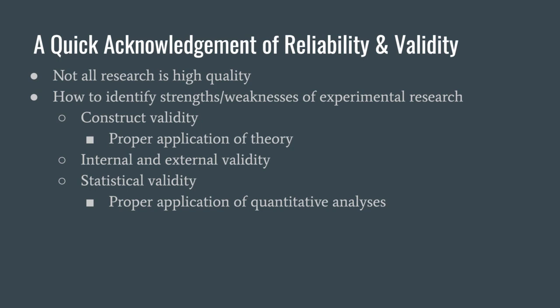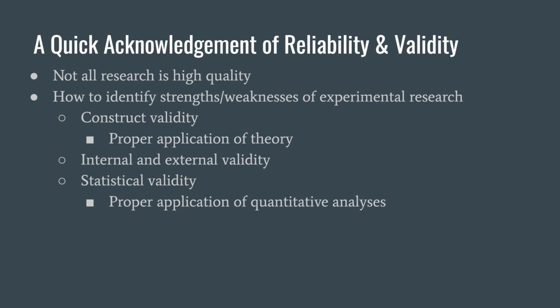External validity basically has to do with generalizability. So if you want to talk about the study as though it's generalizable outside of that particular context, then you need to make sure that it was designed with a representative sample and that it's generalizable to other situations.